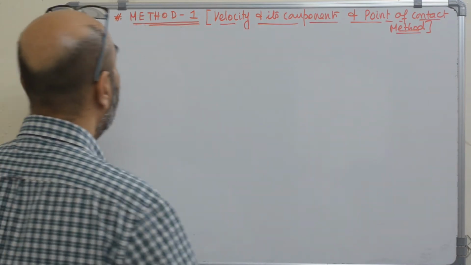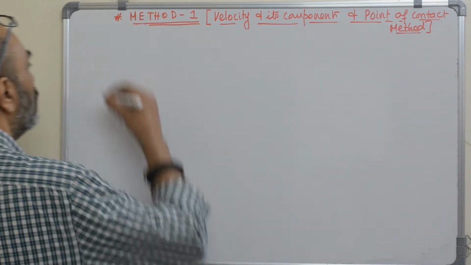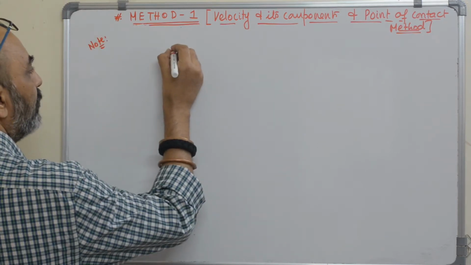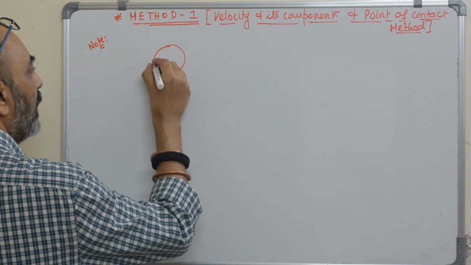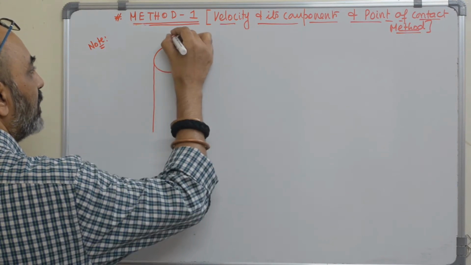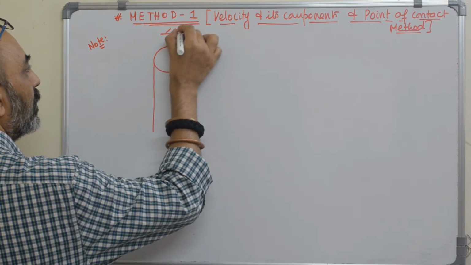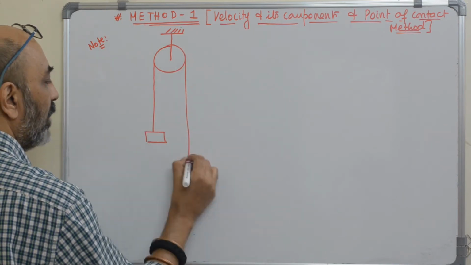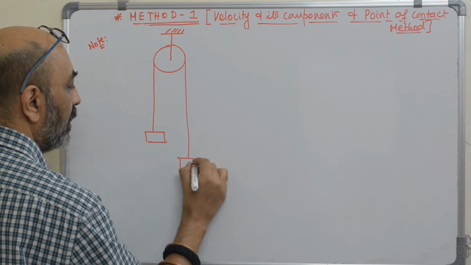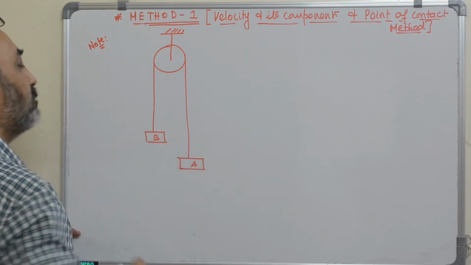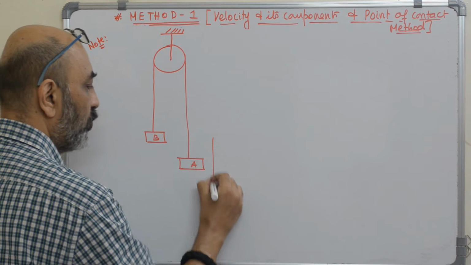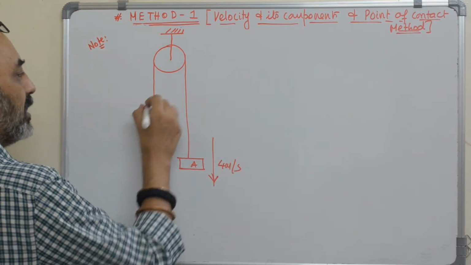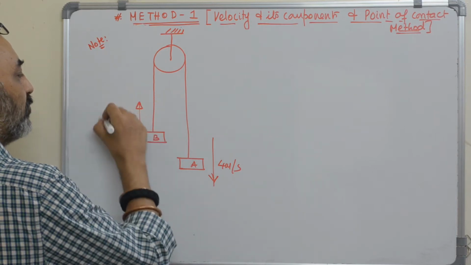Now let us see, for example, we have a note. Note kya hai? If you have a pulley over here, and the pulley is fixed, and we have a block over here, and the block is A and this is B. Now if A moves down with a speed of 4 meters per second, then B is obviously going to move up with a speed of 4 meters per second.